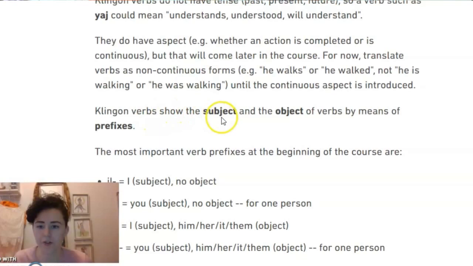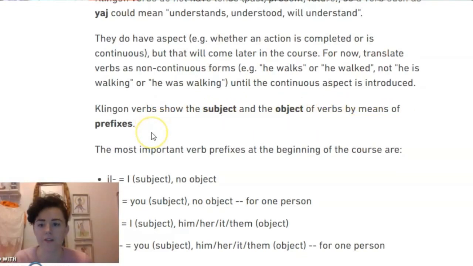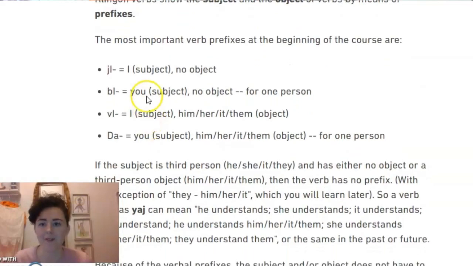Klingon verbs show the subject and the object of verbs by means of prefixes. And this is where it gets fun. Words are created by putting morphemes together, and you've got a root morpheme, which is the word, and a prefix is when you add something at the start. A suffix is when you add something at the end, and it's very uncommon in English, but there is a middle one as well.